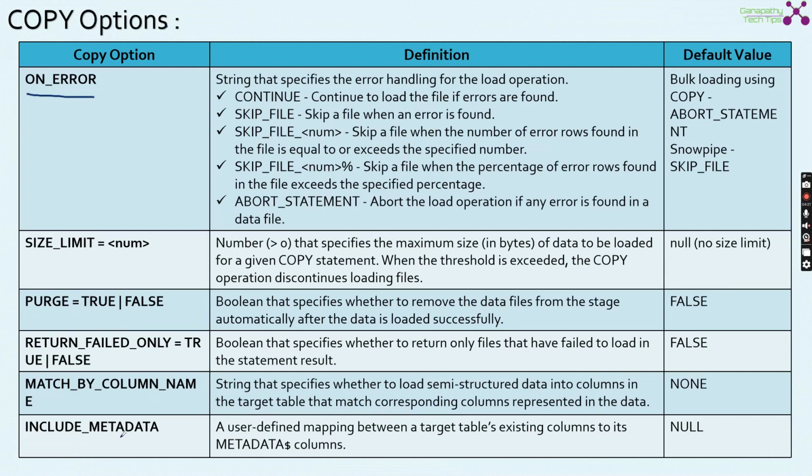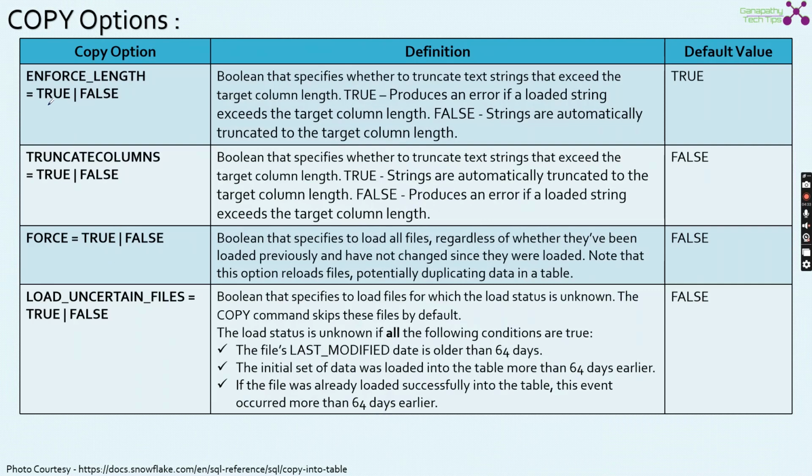Include metadata is again a new feature which got added into copy options. A user defined mapping between the target table's existing columns and its metadata columns. Default value for that is null. Enforce length equal to, again binary, true or false. This Boolean operation specifies whether to truncate text strings that exceed the target column length.